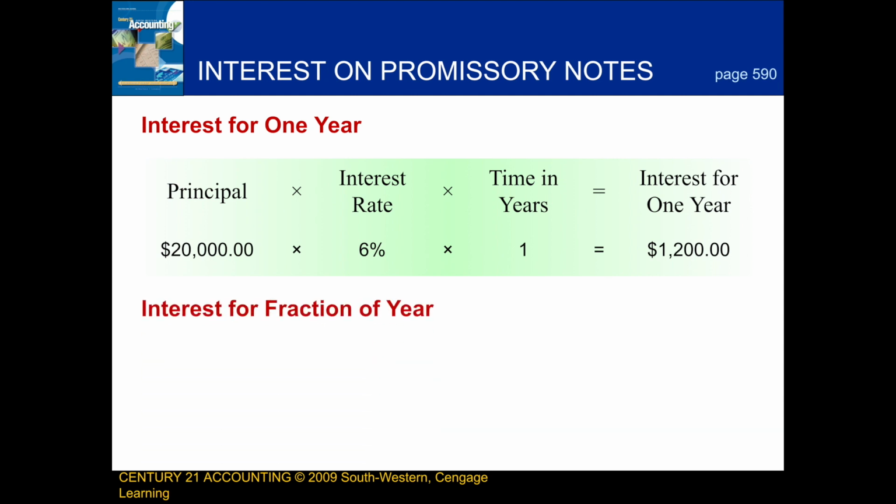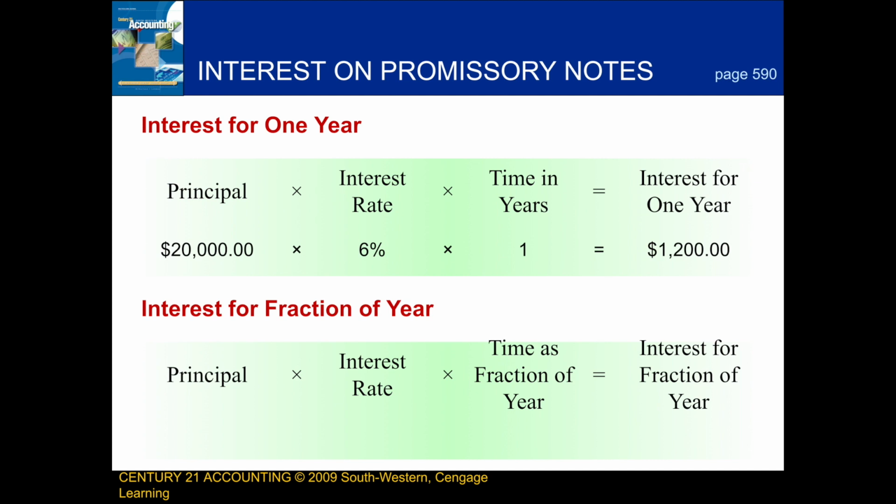Now the way that we calculate interest for a fraction of a year is as follows. We take the principal amount and we multiply it times the interest rate, and then we multiply that times a fraction of a year and divide it by 360. And that will give us the interest for a fraction of a year.